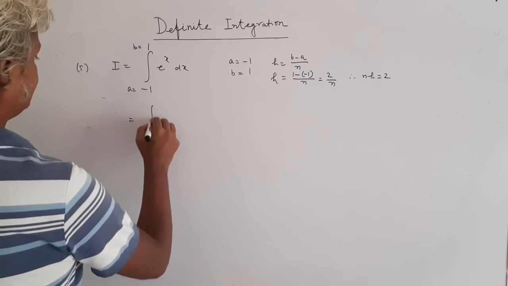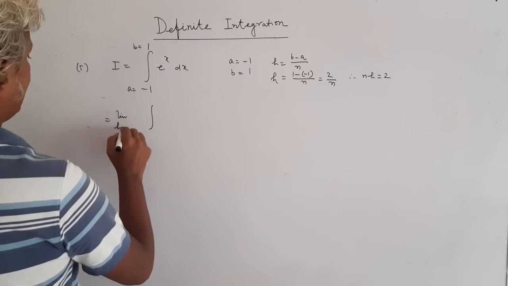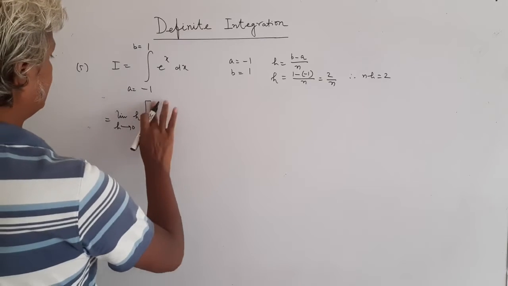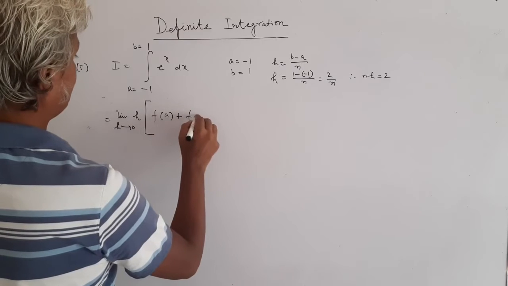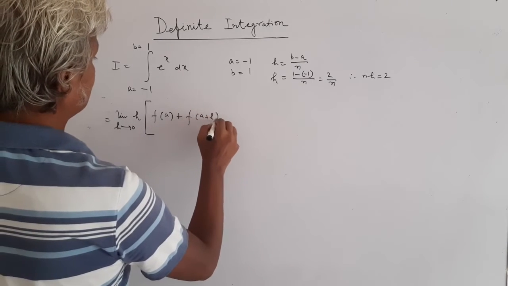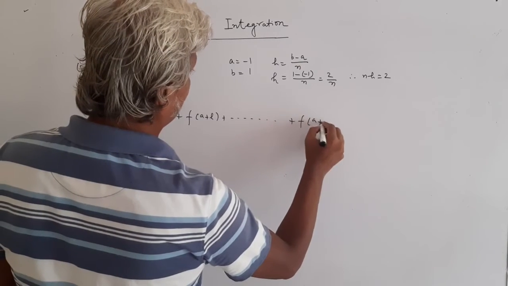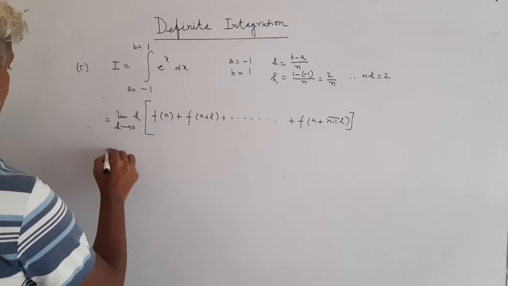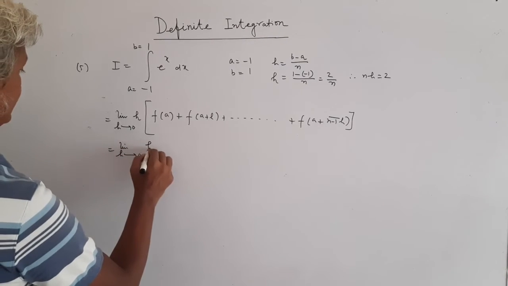This is the limit part first: limit h tends to 0, h, times f(a) plus f(a plus h) plus dot dot dot plus f(a plus (n minus 1)h).